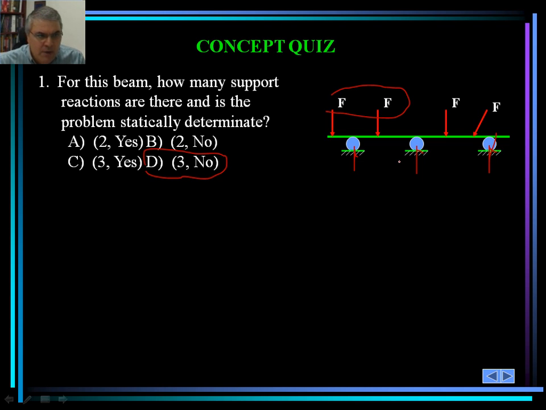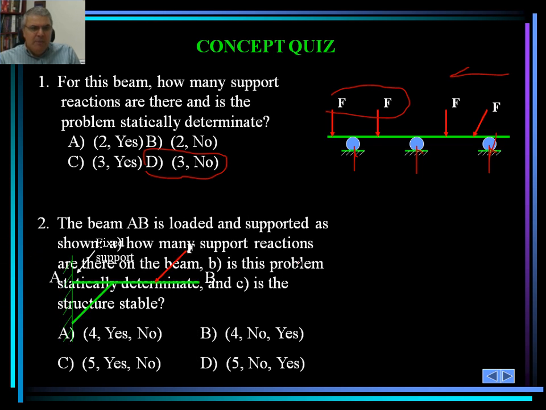We have 1, 2, 3 support reactions, and if F is unknown, this is statically determinate. If F is not unknown, then it's statically indeterminate. And actually, this is an unstable condition, because as we apply the load, the structure has a tendency to move to the left. So this is not determinate, and there are three support reactions associated with it. So 3 support reactions, but it is statically indeterminate.